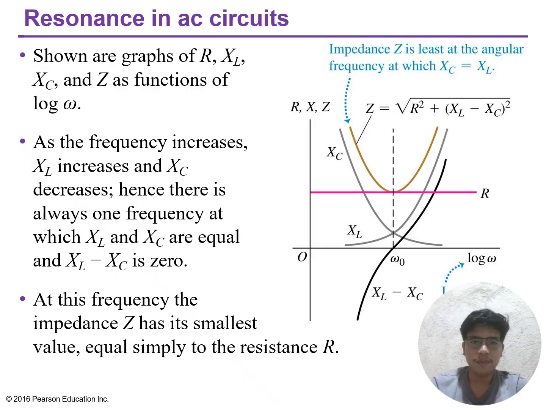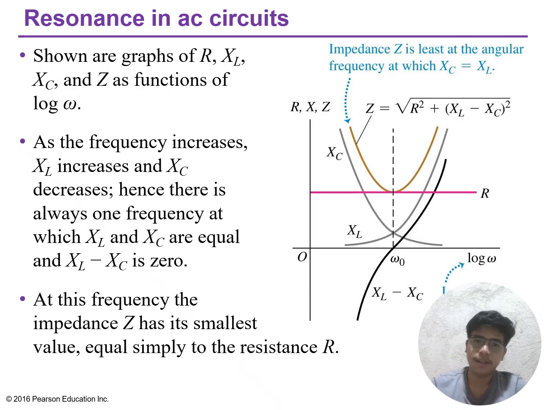So it is purely resistive, yielding maximum current for a given voltage. Below omega naught, net capacitive reactance dominates, and above omega naught, net inductive reactance dominates.